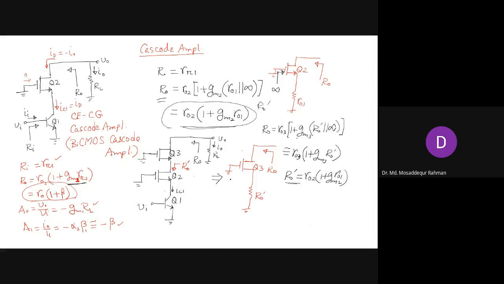This is how you can increase the output resistance to the extent that you can call it almost infinite for practical purposes. Any question, guys?